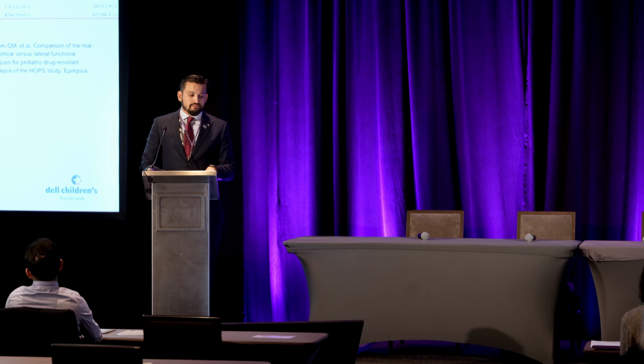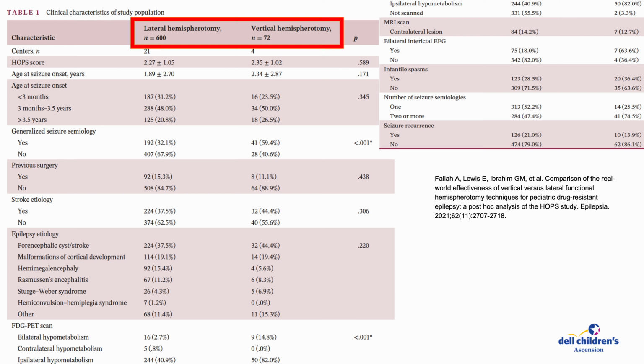There are a lot of criticisms, and this is the main table that comes from that, at least in who their patients are. And the criticism that comes from this paper is that it's very unbalanced. The vertical group is 72 patients. The lateral group is 600 patients.